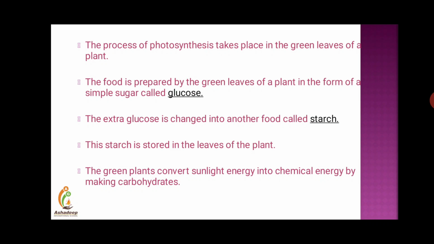So in short, in this process light energy is converted into chemical energy by making carbohydrate. Sun is the ultimate source of energy for all living organisms. Can you imagine life on earth in the absence of photosynthesis?